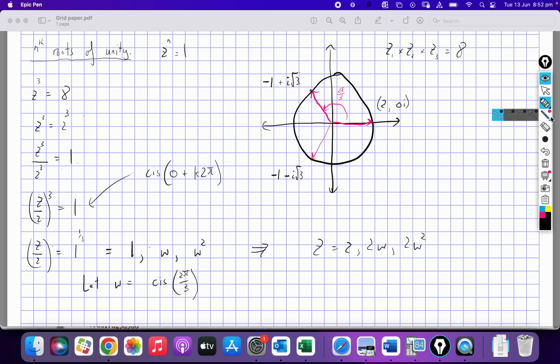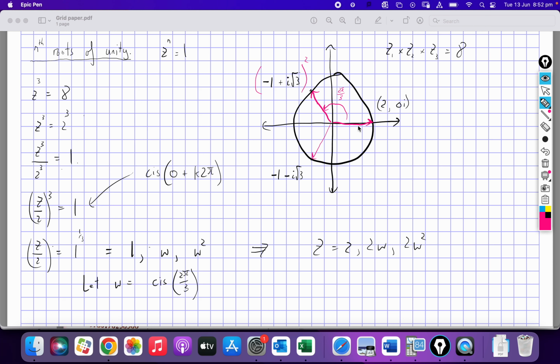If I took one of the roots, let's maybe pick this one, and I squared it, it would equal this root times this root, which is an interesting result. And you could sort of determine that by thinking about these rotating around.